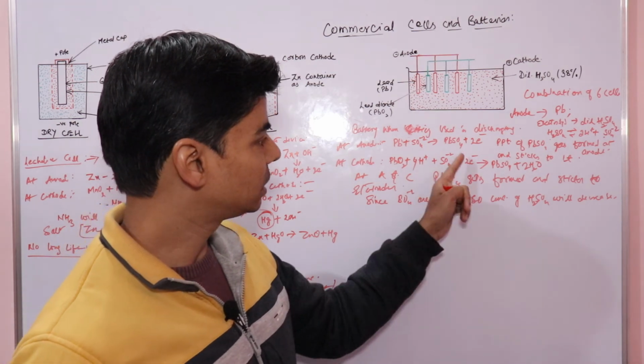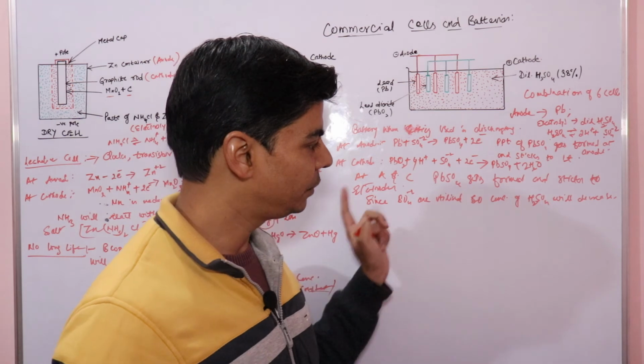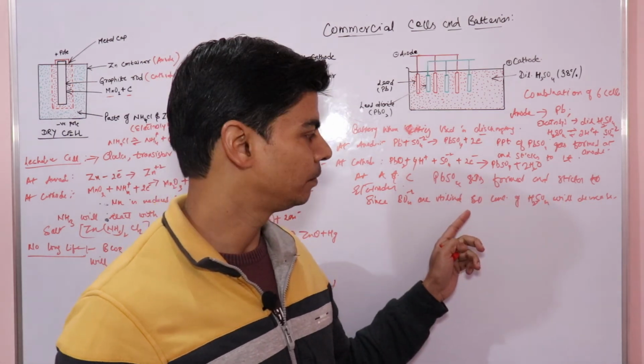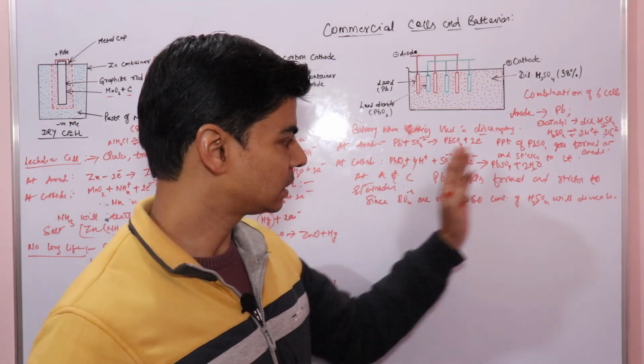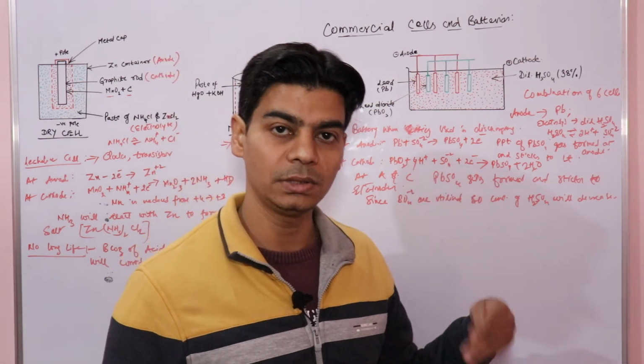And also, since sulfate ions are getting used up in the reaction, the concentration of sulfuric acid will decrease, right? So once sulfuric acid is totally consumed, your battery will go down. The battery will stop.